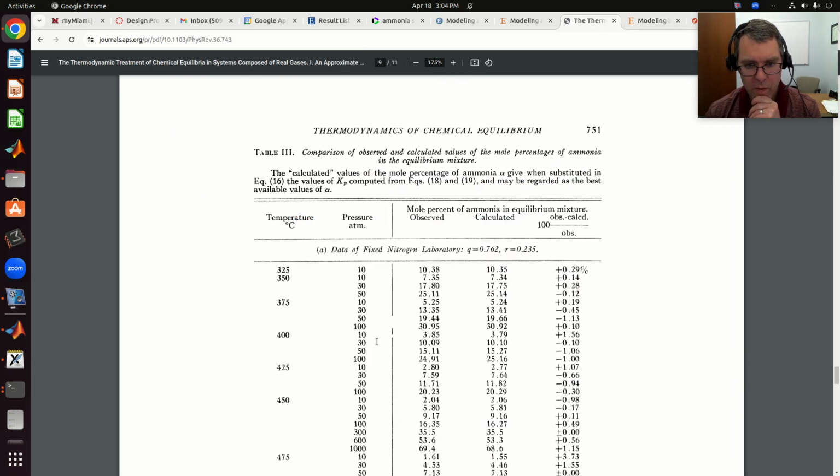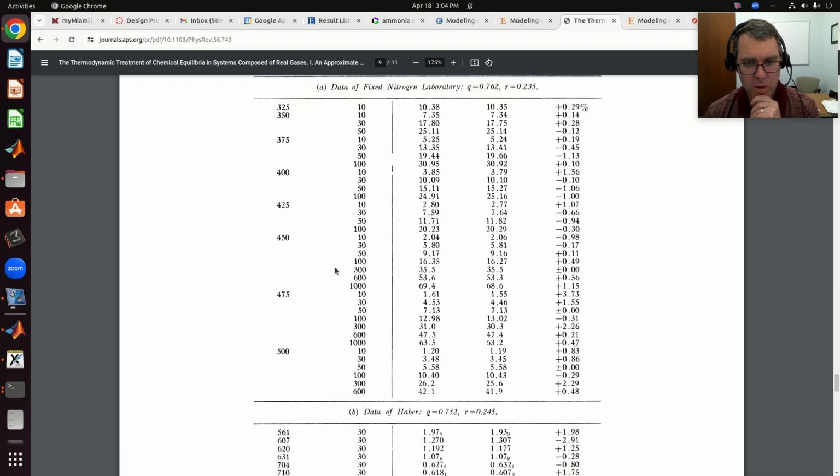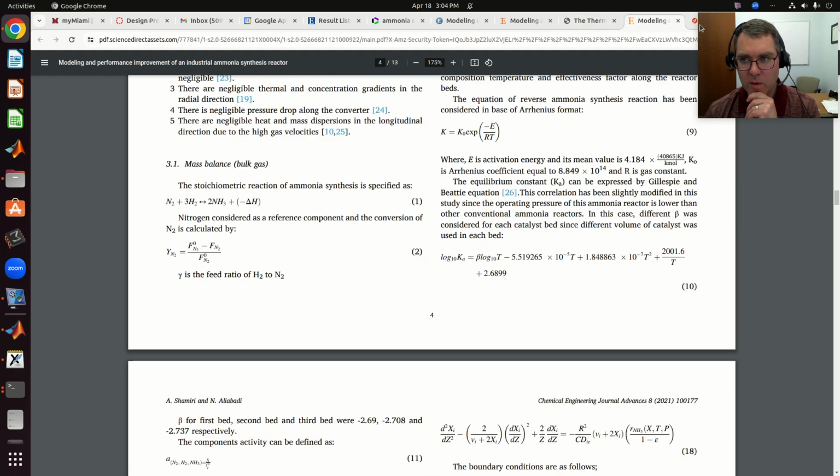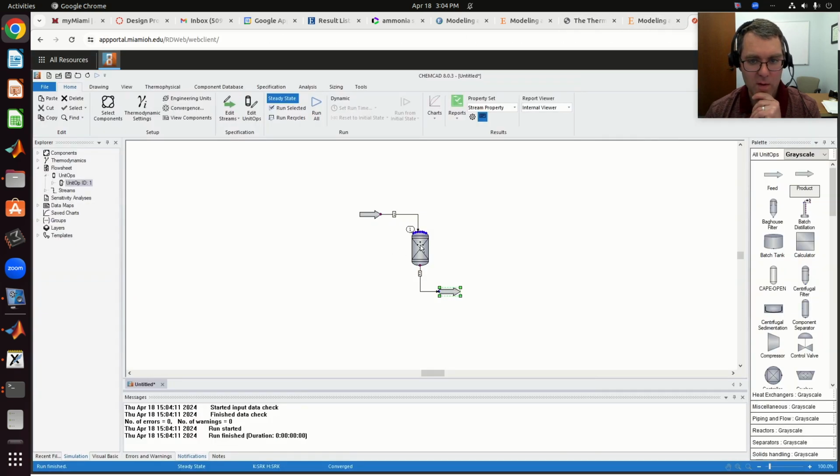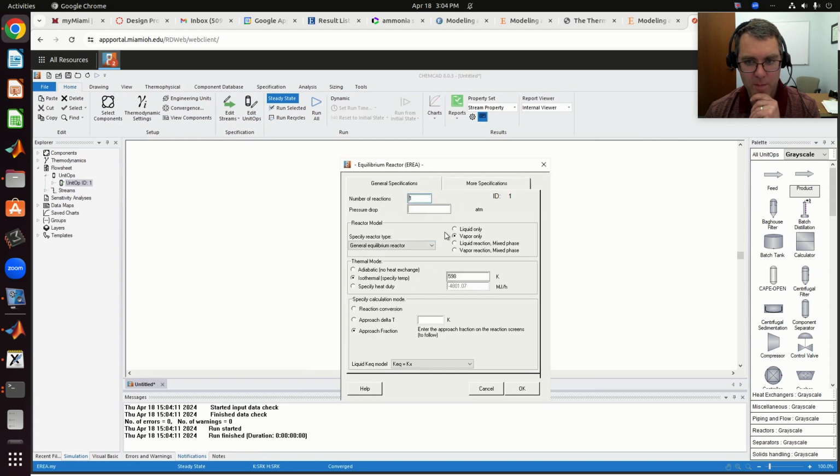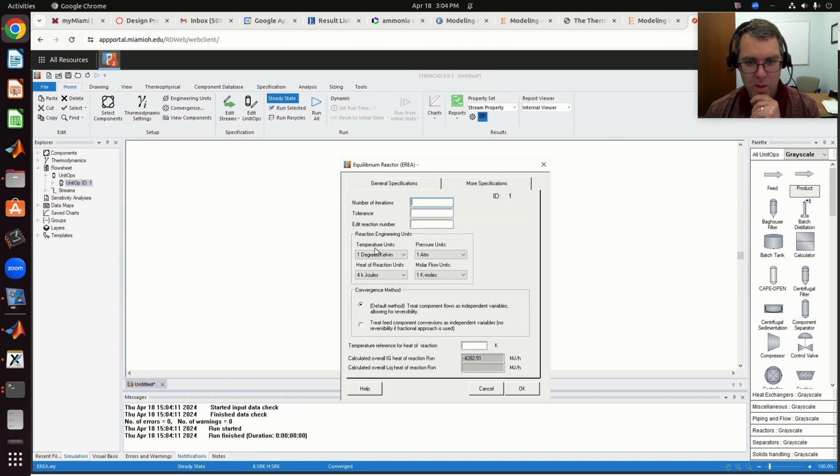Yeah, we're about 30% is what we're computing. So let me just make sure we've got everything right. If I come here, we've got temperature in Kelvin, pressure in ATM, that's good. And then mole flows, those are just moles, it doesn't matter which.